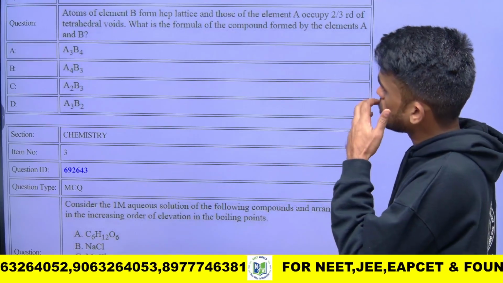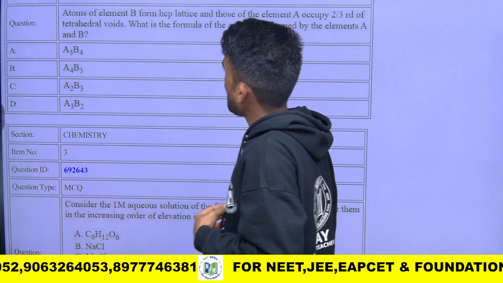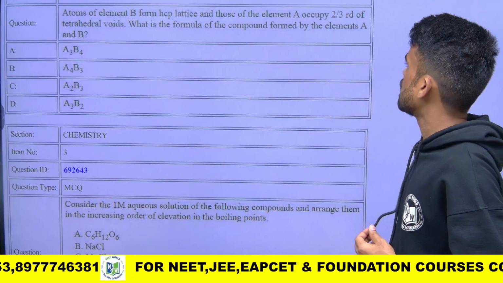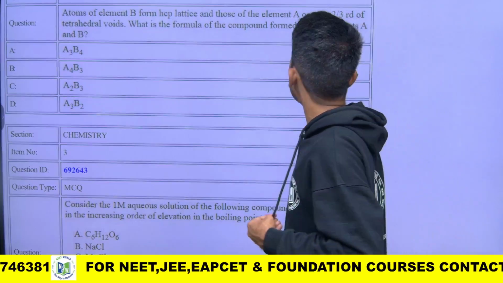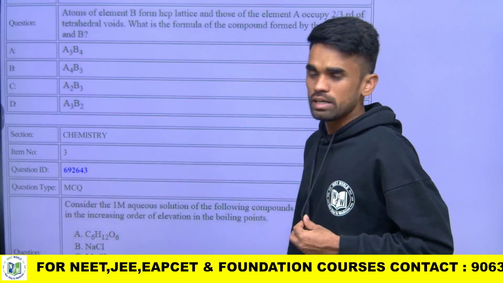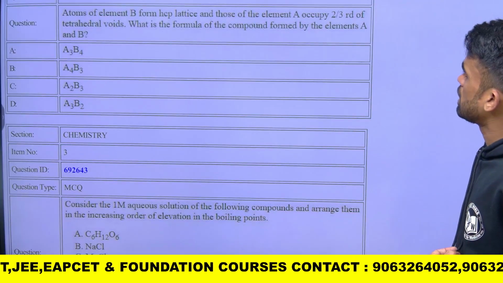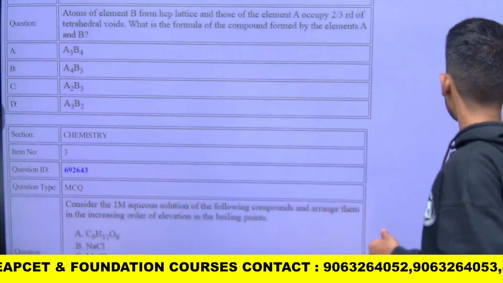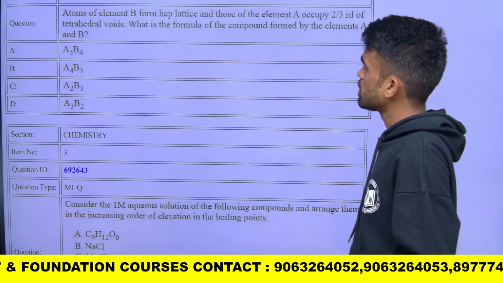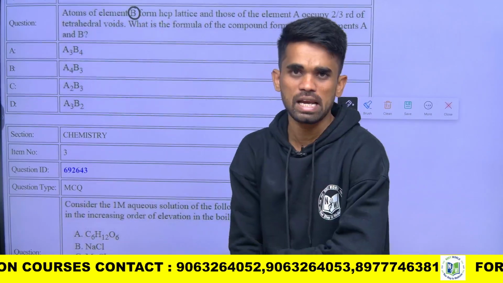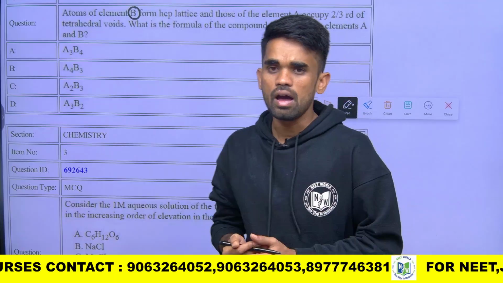The second question: the atoms of element B form an HCP lattice and those of element A occupy 2/3 of tetrahedral voids. What is the formula of the compound formed by elements A and B? So this is also an easy question from solid state. See, atoms of element B forming HCP lattice. So what is the total number of B atoms?